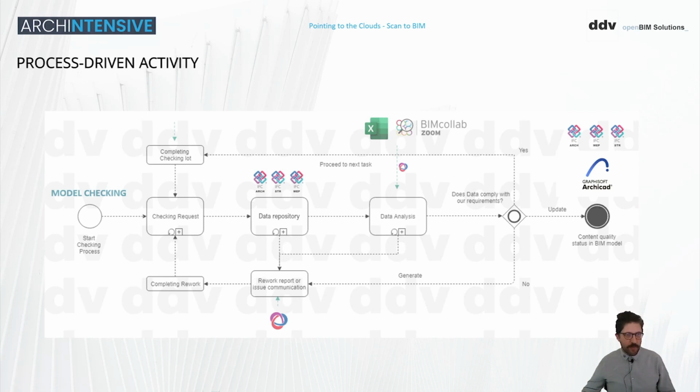This is just an example of one of our process maps regarding quality management, because in this type of project, one of the most important steps is the model checking, because we are checking our models very often, in different layers, in different moments within the whole process.